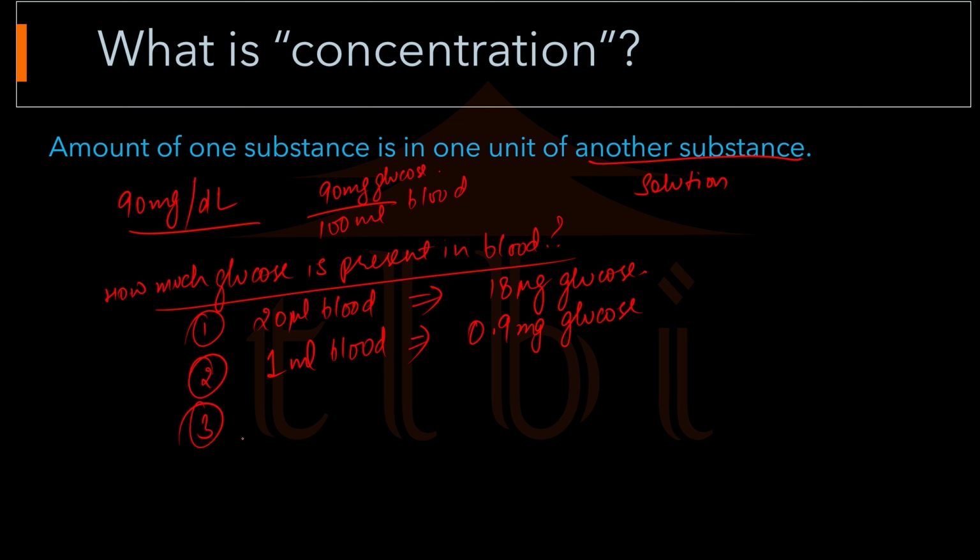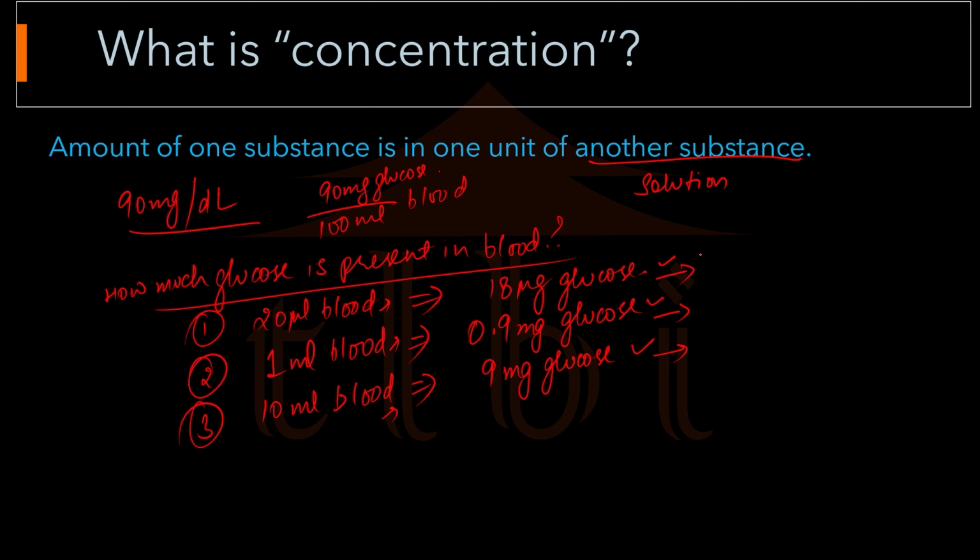The third student used 10 ml blood, and he determined that 10 ml blood contains about 9 mg glucose, right? Now which of these is correct? If you look at these numbers, you will see superficially that these are different values present in different volumes of blood.